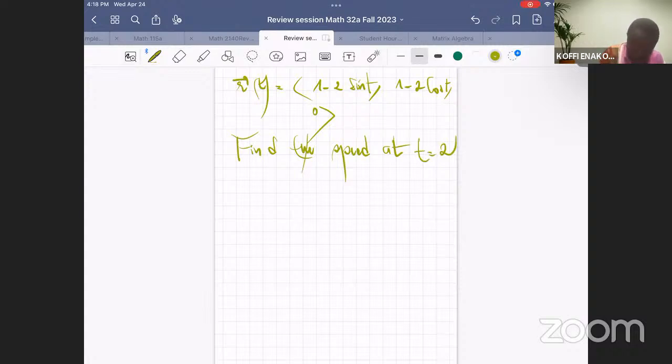So the speed is the derivative with respect to t of s, the arc length function. Actually, we know how to find that directly.